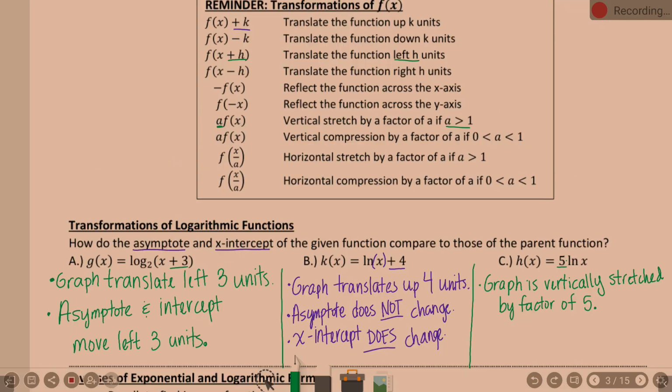So in a situation of a stretch or a shrink, your asymptote and intercept are not going to change. So asymptote and intercept do not change.